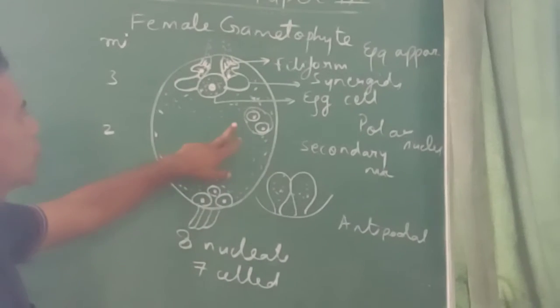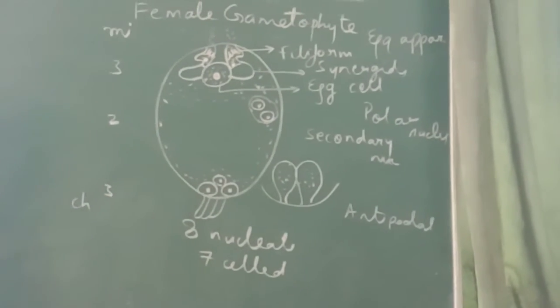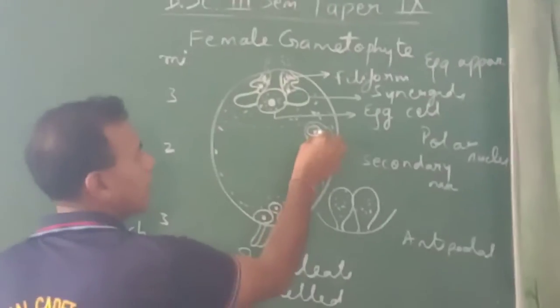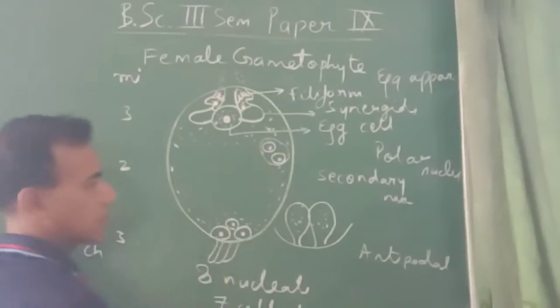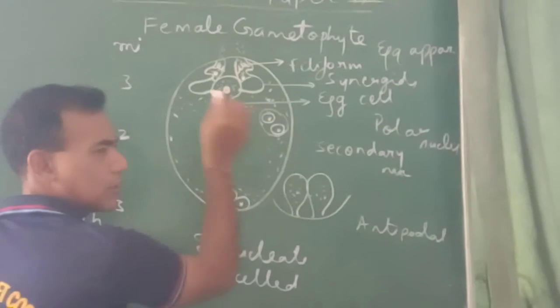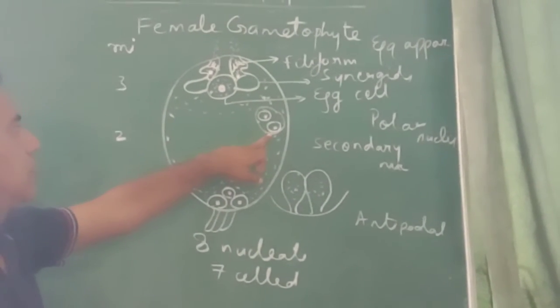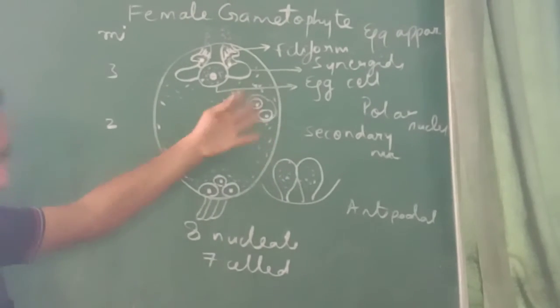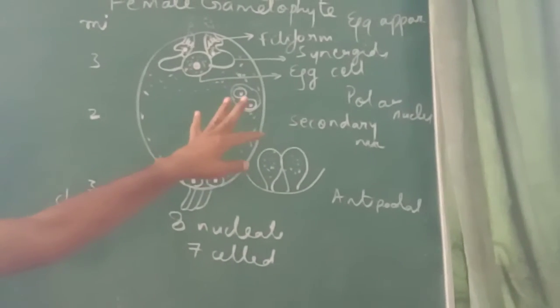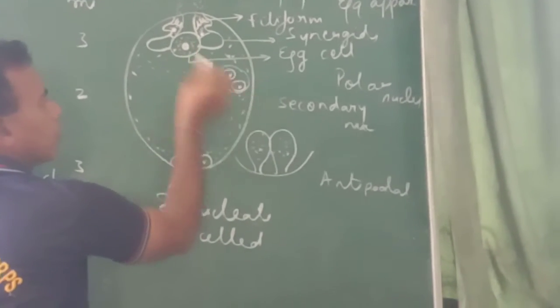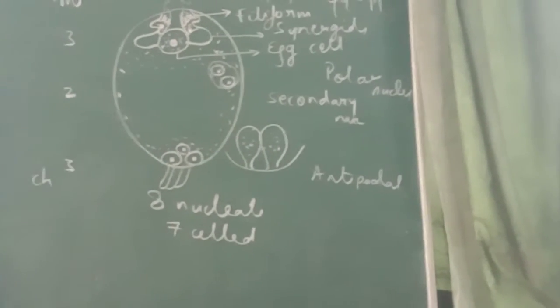Now coming to the polar nuclei, these are 2 in number. One is towards the micropyle and the other is towards the chalazal side. The micropylar polar nucleus is normally larger in size than the chalazal one, but sometimes the reverse is also found, like in Fritillaria, where the chalazal polar nucleus is larger.